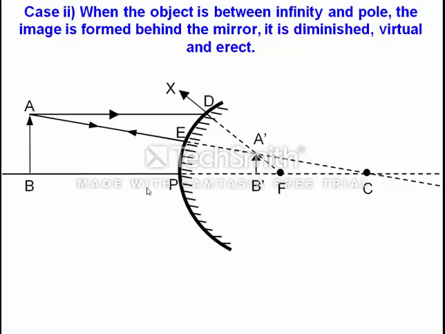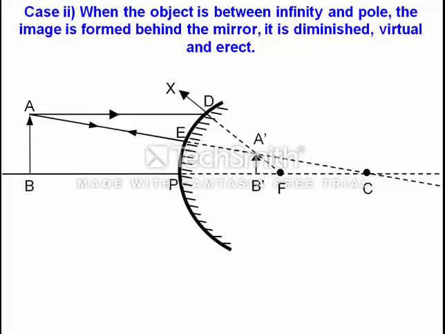So if you place the object, and the image is real and inverted, obviously it will be concave mirror, because concave mirror gives real and inverted image, but the plane mirror as well as convex mirror give us only virtual image.